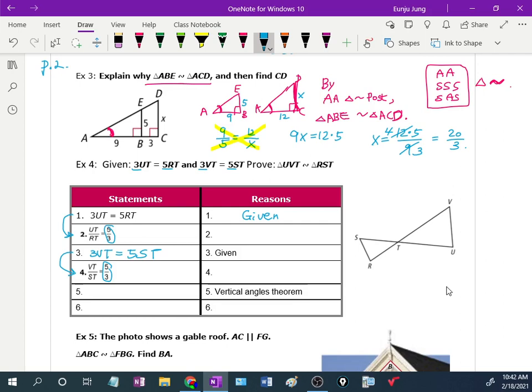What happened here? What did we do to get from number 1 to number 2? Divide both sides by 3 and divide both sides by RT at the same time. Okay? Divide both sides by 3 and then you get UT equals 5RT over 3, right?